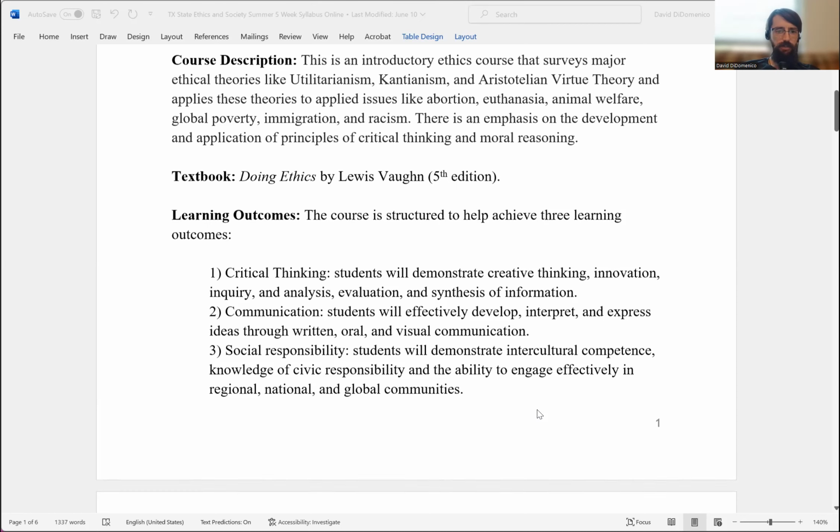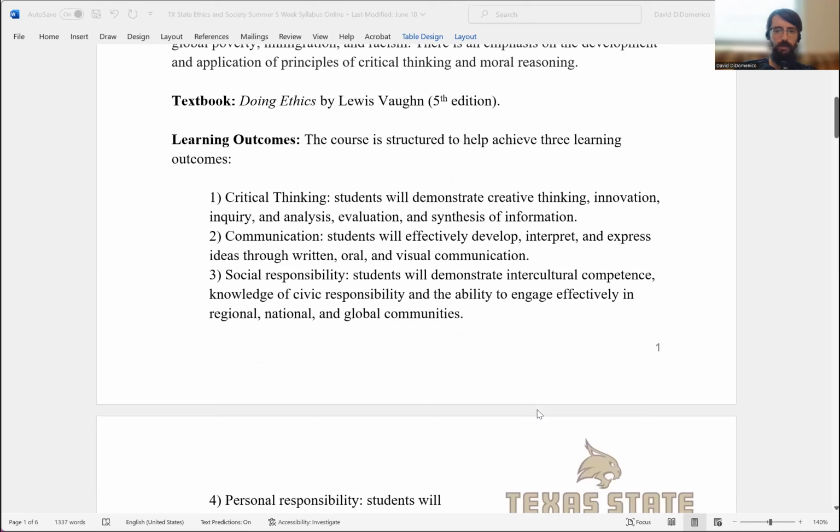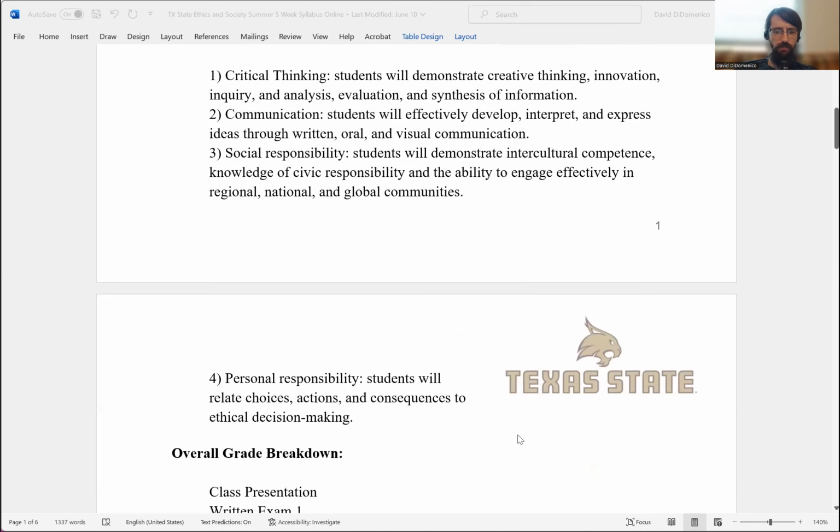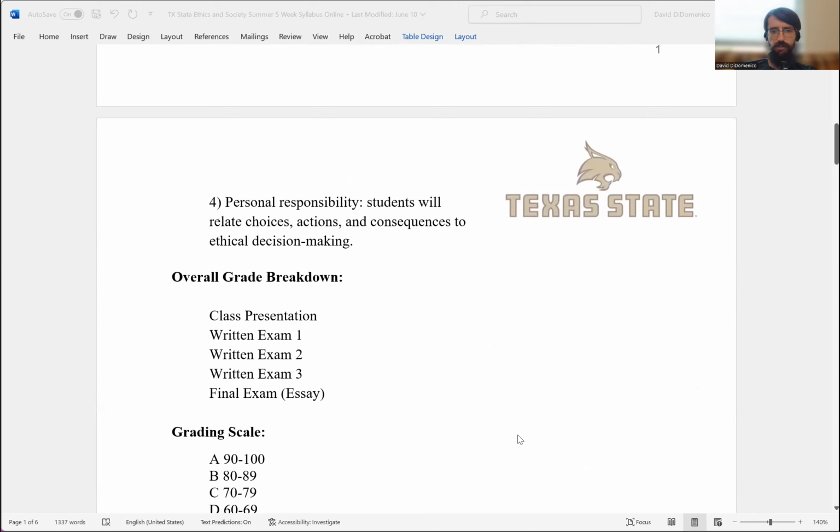The last learning outcomes are social responsibility and personal responsibility. Since we're learning about ethical issues, we're going to be learning about many issues that pertain to civic responsibility and are relevant to things like deciding what the law should say about various issues and how to structure society in terms of political structure.